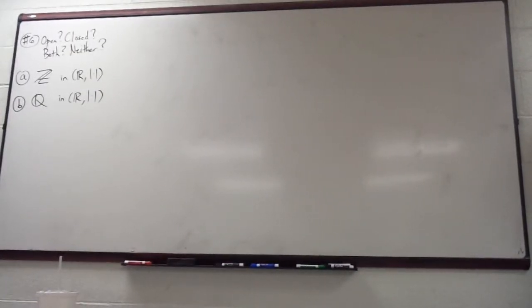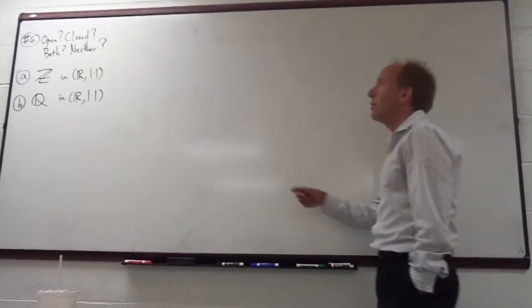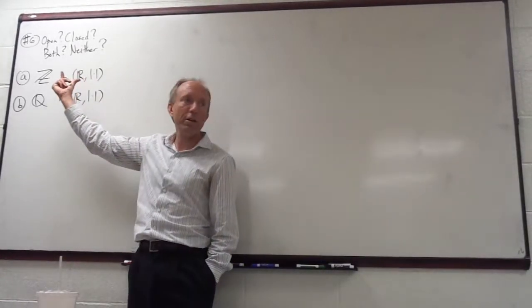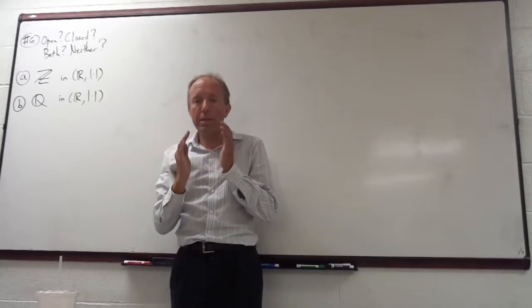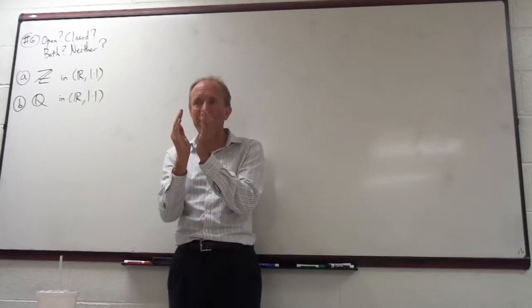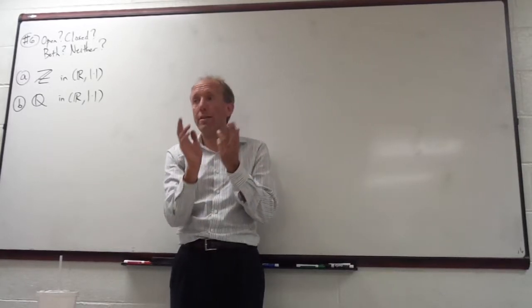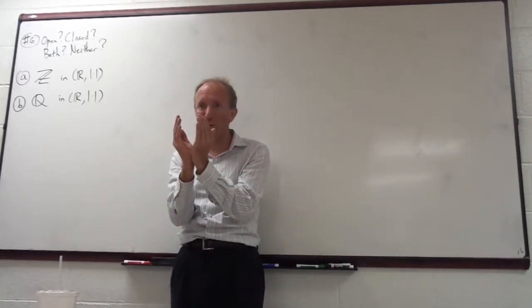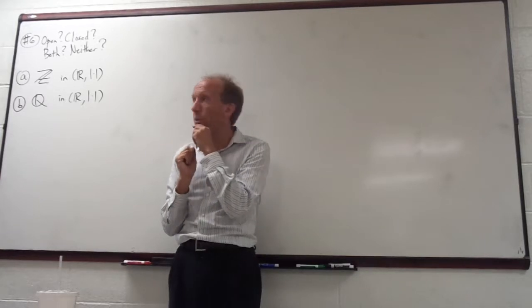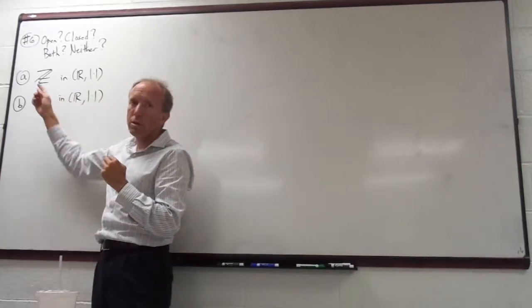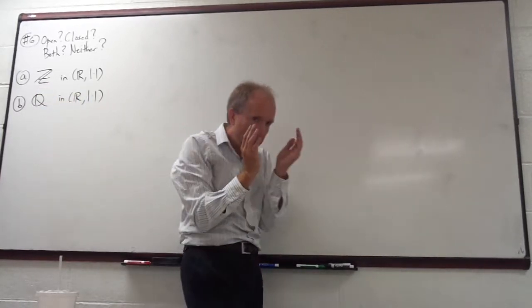Because you're doing the real numbers with the absolute value metric, your open sets are just open intervals. Remember, open sets are unions of neighborhoods, and in this case, a neighborhood is just an open interval. So, does the integers look like a union of open intervals?